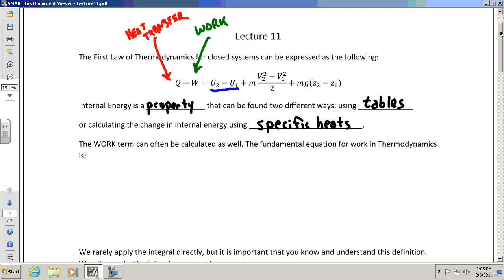But in thermodynamics, there's an equation that defines work. This is so fundamental that I expect you'll memorize it, but thankfully, it's so simple. Work is equal to the integral of pressure, P, dV. Pressure, d volume. That's the fundamental equation for work in thermodynamics.